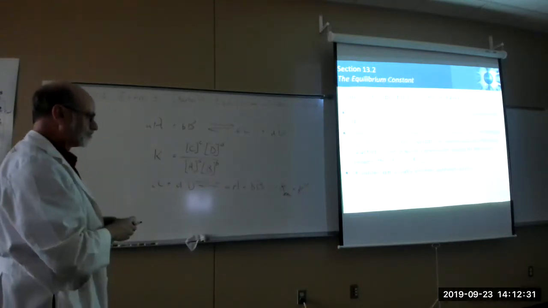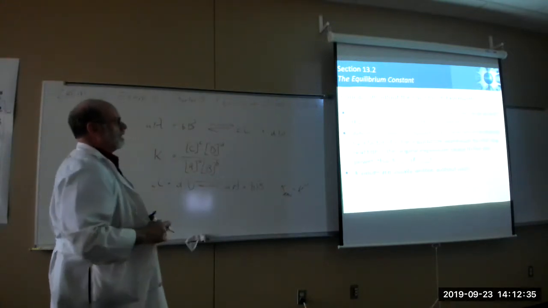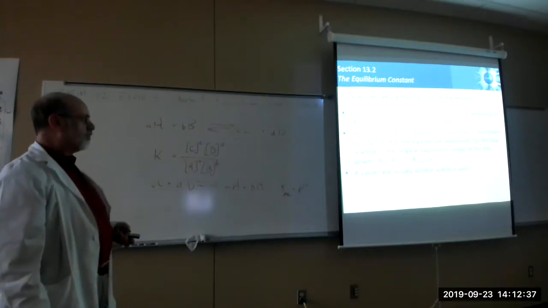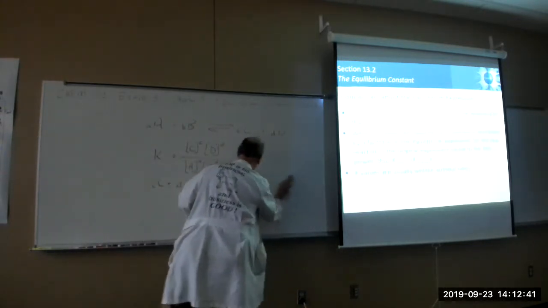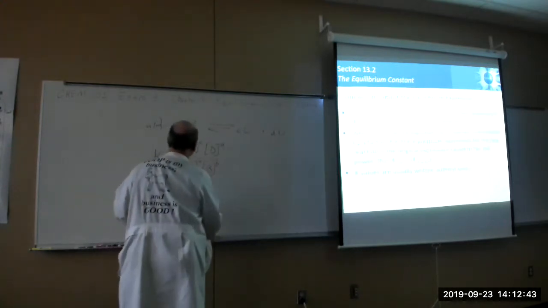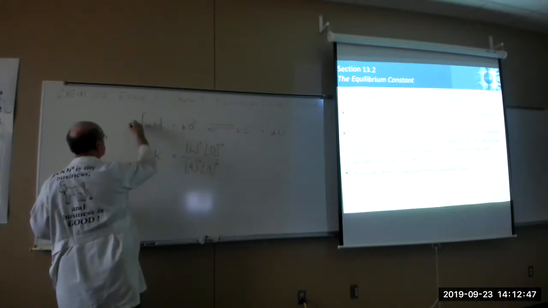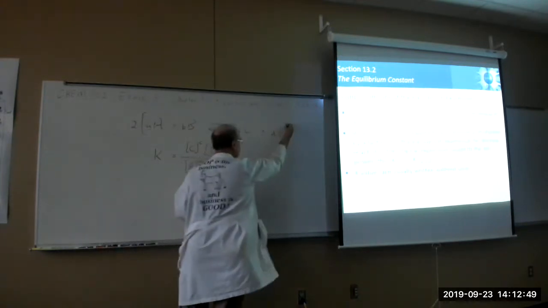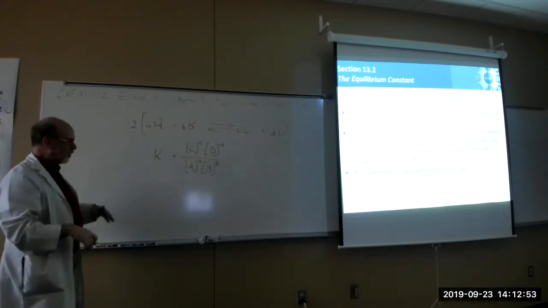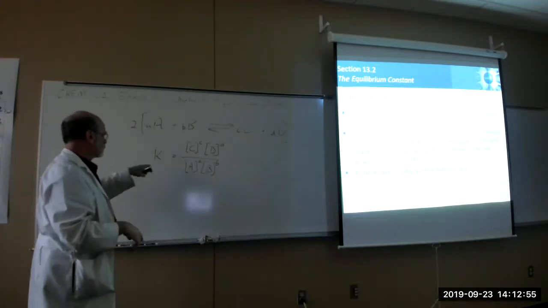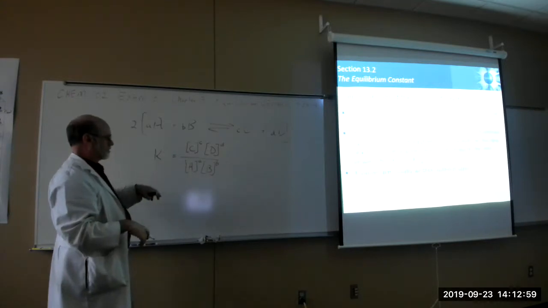So that's what you do when you have to flip the equation. When you multiply by a factor, let's say we have to multiply this whole thing by a factor of 2 before we can combine it with other equations, what does that do to the K value?